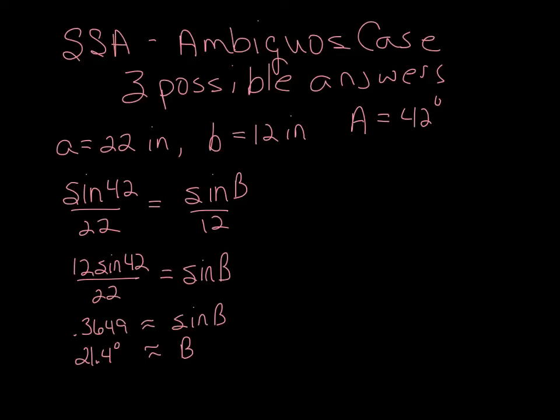Now, the reason we have to check here, think: the sine is positive in what two quadrants? 1 and 2. And 1 and 2 are both less than 180 degrees, aren't they? So it's possible that there could be two angles for angle B, because the sine here gives us 21.4 on our calculator, but we also know if we subtract this from 180 degrees, there's another angle that has the same sine.